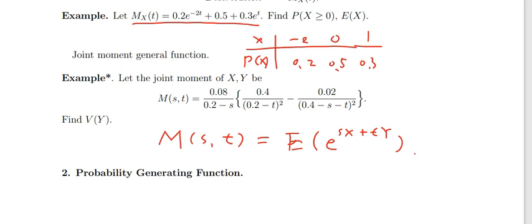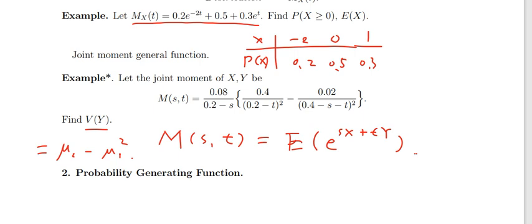So from here, find the variance of y. This means find mu2 minus mu1 squared. So we want to find the moment generating function for y. So from this moment generating function, we can find the moment generating function for x or for y only.